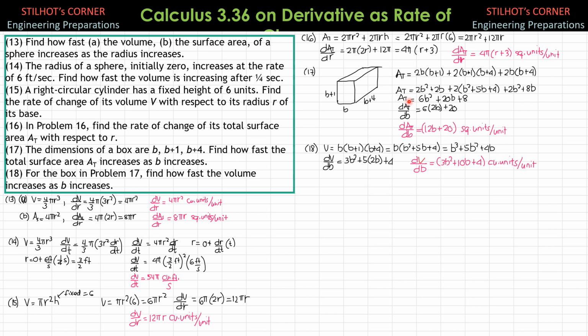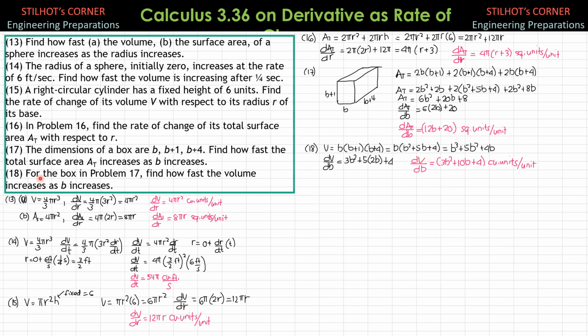So differentiating with respect to b, derivative of total surface area with respect to b is 6 times derivative of b squared, 2b, then plus 20. Simplifying, rate of change of surface area with respect to b is 12b plus 20 square units per unit.